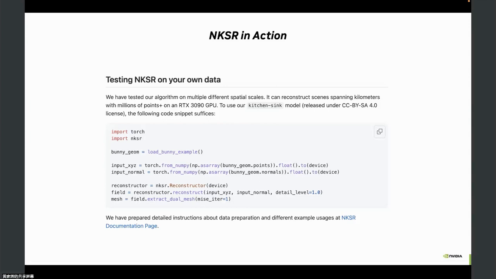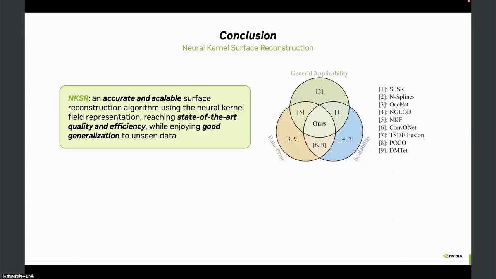It's actually very easy. So in conclusion, neural kernel surface reconstruction is an accurate and scalable state-of-the-art reconstruction algorithm, which tries to bridge the gap between the inaccuracy of feed-forward network inference and the non-learned solver fitting scheme.